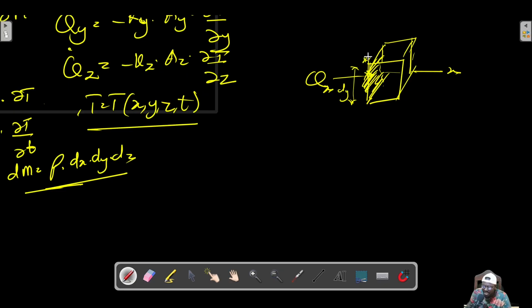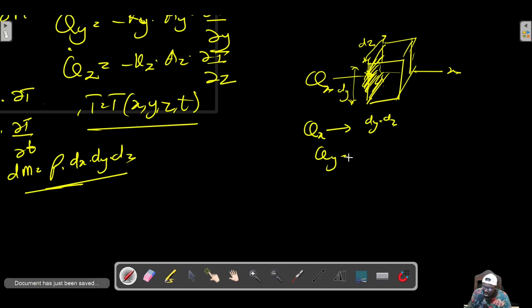This dimension is along z, so dz. So that area will be dy times dz. If the heat flow is along x, then the area is dy dz. If the heat flow is along y, then the area is dx dz. If the heat flow is along z, then the area is dx dy.